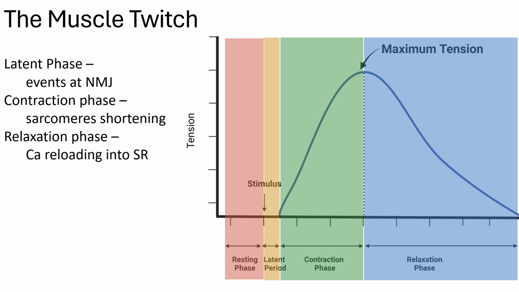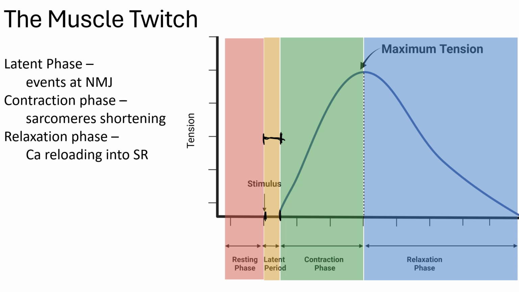Notice that there is a little bit of time in between the stimulus and when the muscle actually starts to create tension, right? This yellow area here, nothing is happening. Look, stimulus and tension doesn't start. This is correct. It's not a mistake. And this is what is called the latent period.